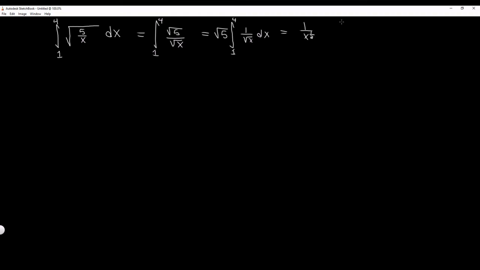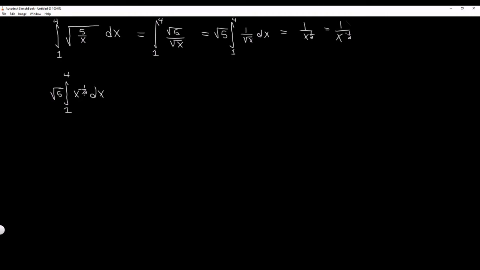So this would be equal to 1 divided by x to the negative 1/2 power, which would be on top. We'll just rewrite it over here: the square root of 5 times the integral from 1 to 4 of x to the negative 1/2 power dx.